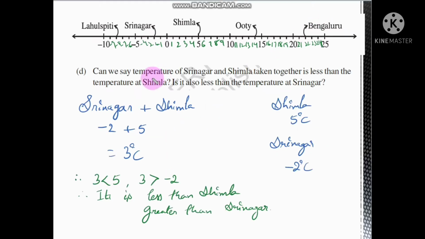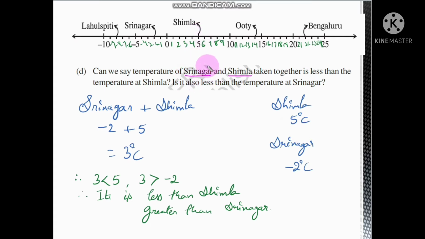Look at the next question, children. Can we say the temperature of Srinagar and Shimla taken together is less than the temperature at Shimla? Is it also less than the temperature at Srinagar? So here there are two places, Srinagar and Shimla. What is the temperature at Shimla? It is around 5 degrees centigrade.